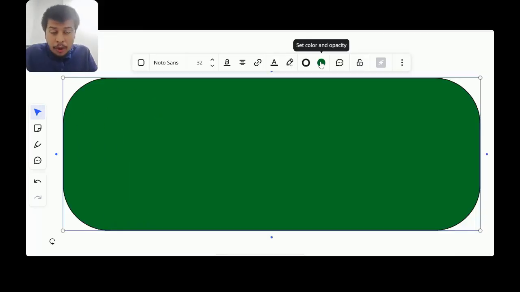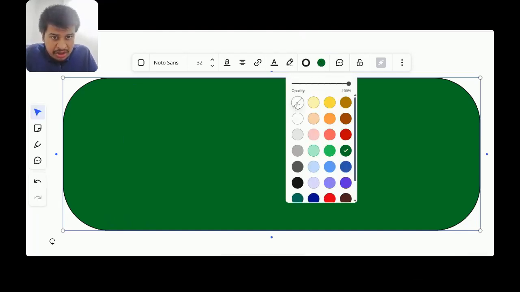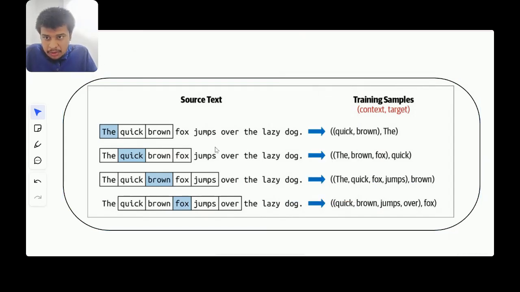Okay. So now we'll look into how this data set will look like visually for each and every word. Fine. So for each and every target word here, the quick brown fox, see how the context window is moving slowly towards the right, and how the number of context words is changing, and the words itself is changing for each and every target word.